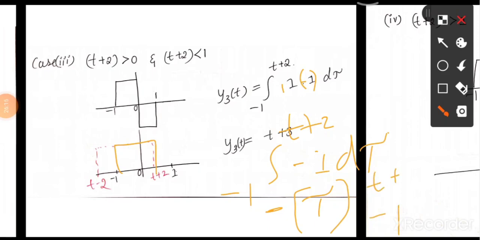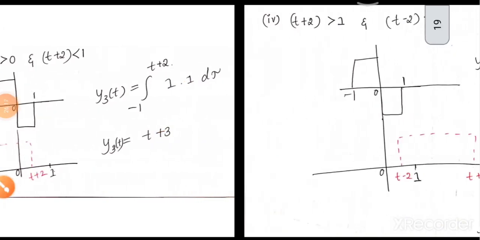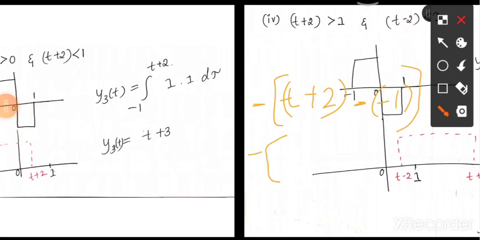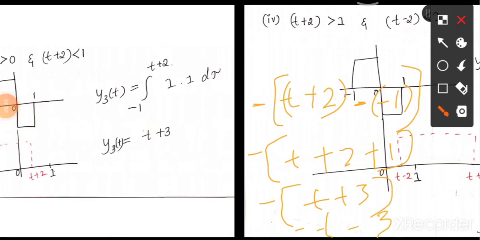I'll take the minus sign outside and put in the limits: upper limit t plus 2 minus lower limit, which is minus 1. So I can write t plus 2 plus 1, which is minus of t plus 3. When you take the minus sign inside, it will be minus t minus 3. It should be the minus t minus 3 signal.